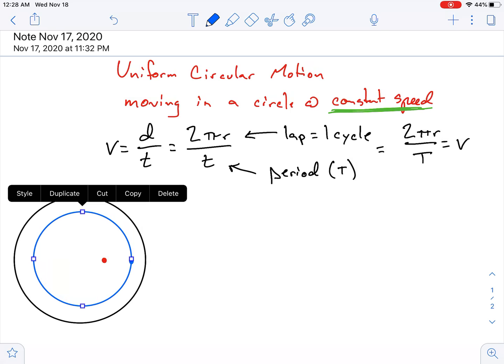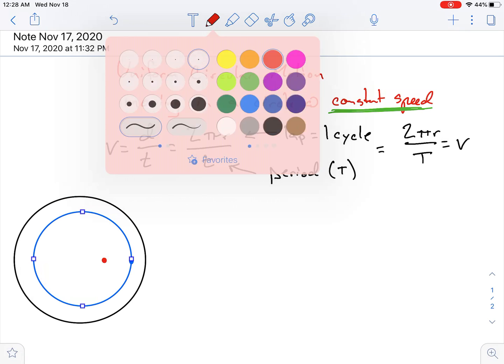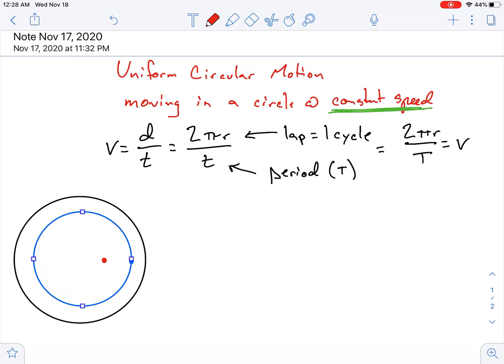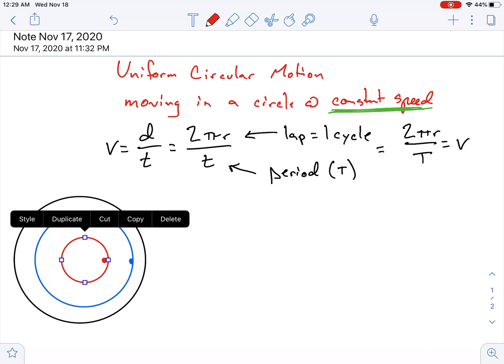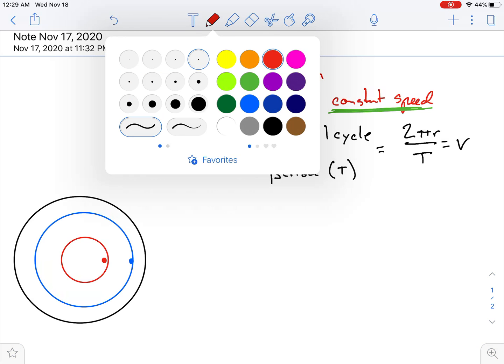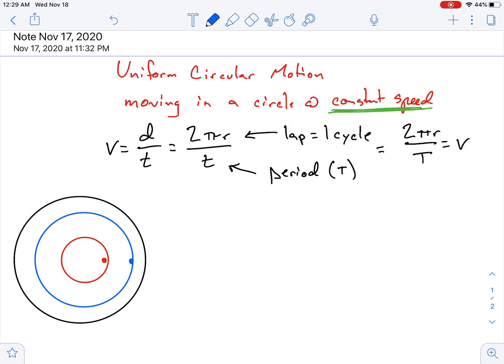Let's get that on there. And let's make our red circle here to show the amount. If we look at those, they didn't end up perfectly centered anymore, but that's okay. If we look at the amount of coverage, the amount of distance that each object has to cover, look at the blue circle that's covered compared to the red circle.